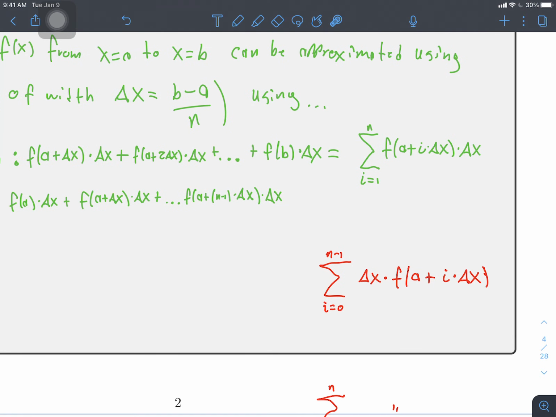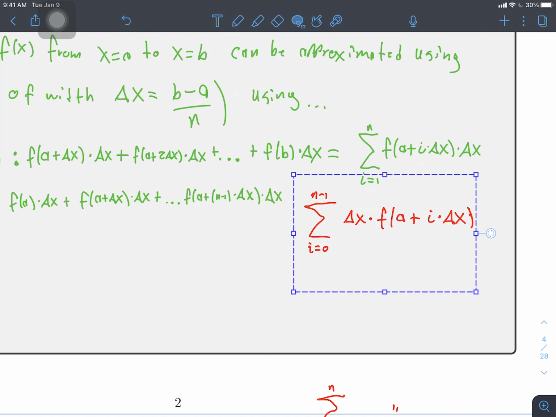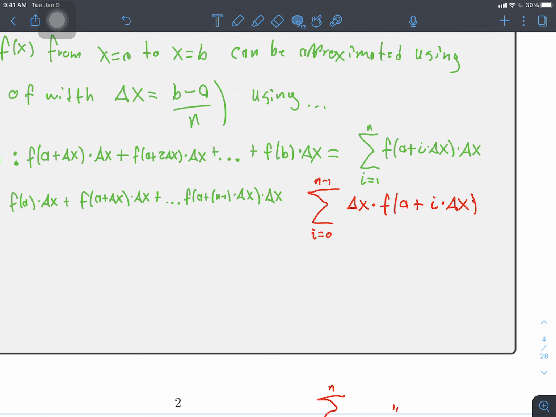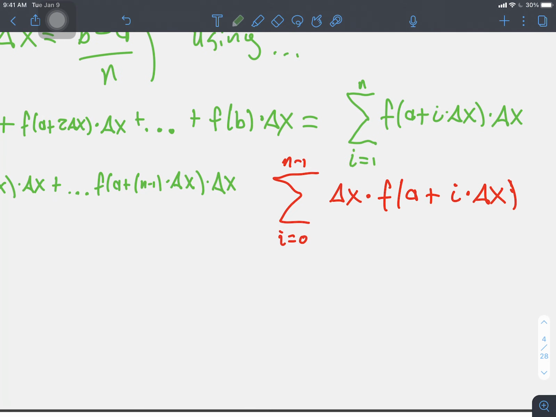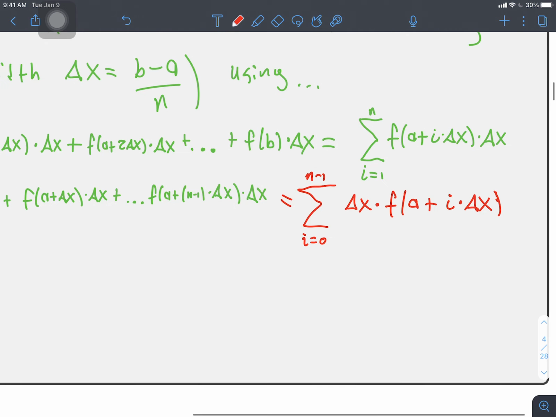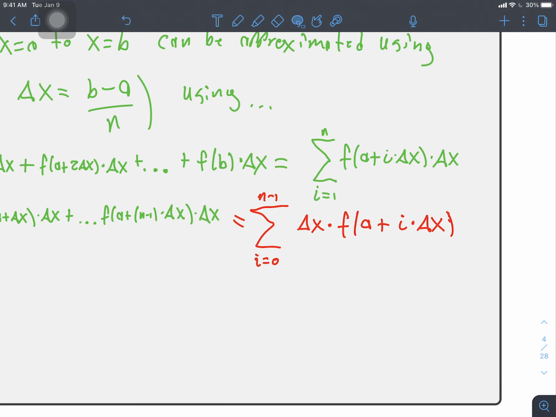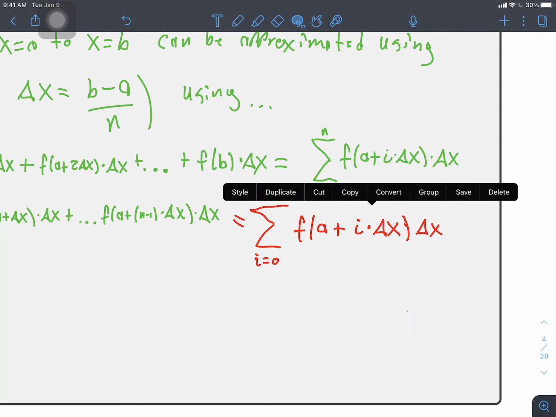So how does that one look? It looks like this red one that I put here. What's the difference between these two? First of all, I put the delta x on the other side, so let me make that consistent with the other one.